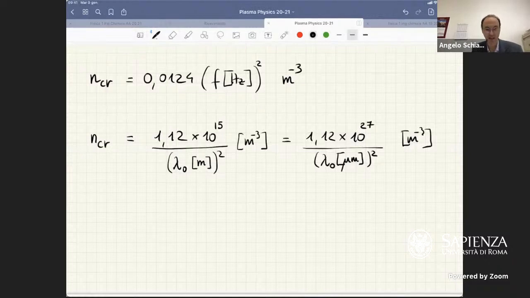So let's make an example in order to estimate this critical density and compare it to the other densities we know of for inertial fusion, for instance, and magnetic confinement fusion.